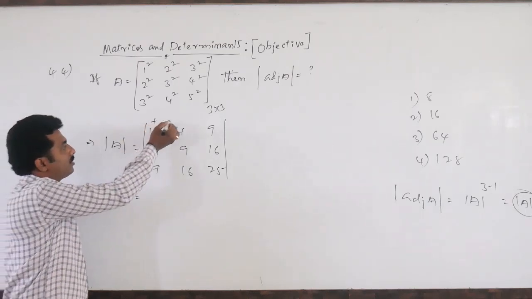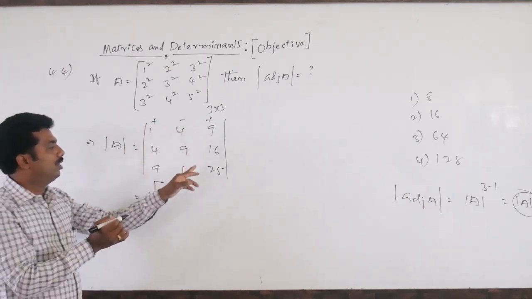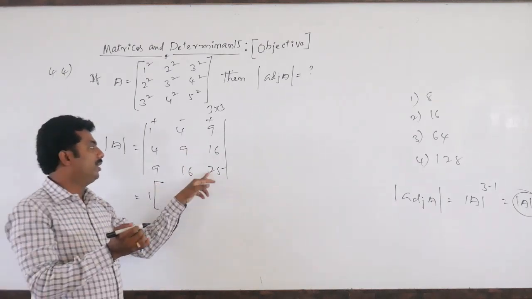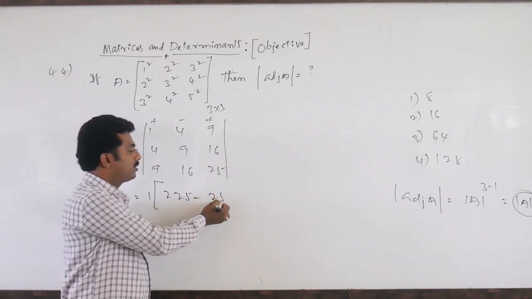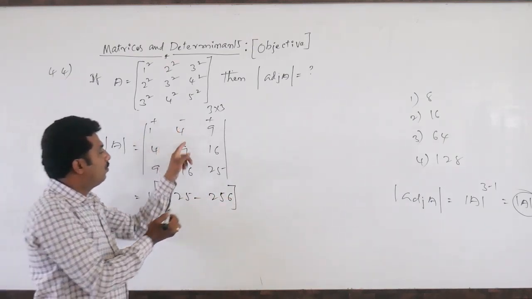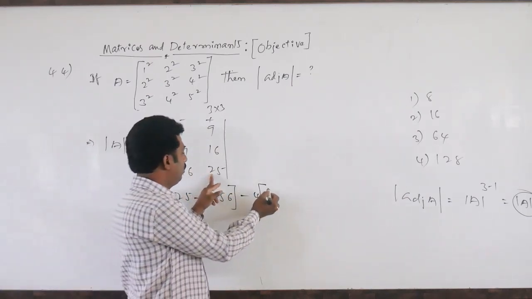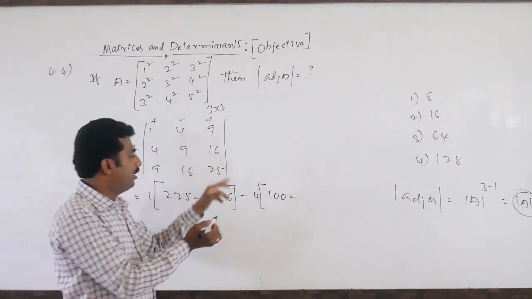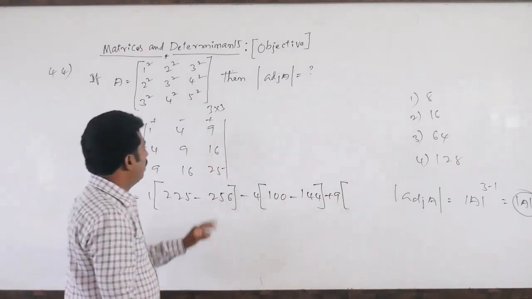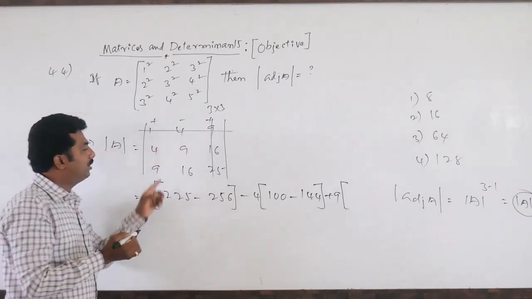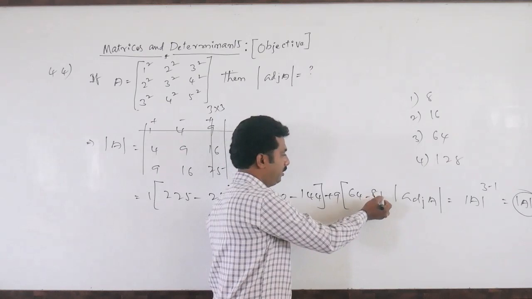Expanding with signs plus, minus, plus: 1 into, if you close this column and this row, 9 into 25, that is 225, minus 16 into 16, that is 256, minus 4 into, if you close this column and this row, 4 into 25 is 100, minus 9 into 16, that is 144, plus 9 into, if you close this column and this row, 4 into 16, that is 64, minus 9 into 9, that is 81.